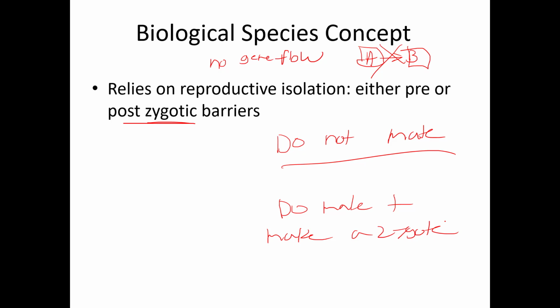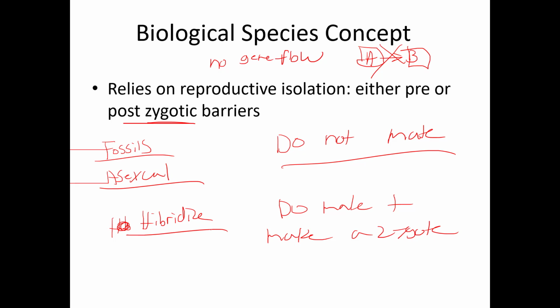But the biological species concept has some severe limitations. This will probably come up again later, but it doesn't work with fossils because they're dead. You can't see if they can make babies, right? It doesn't work with asexual organisms like bacteria. It has other limitations as well, but those are a few of its limitations. And sometimes things can hybridize, which makes it confusing as to what is and what is not a species.